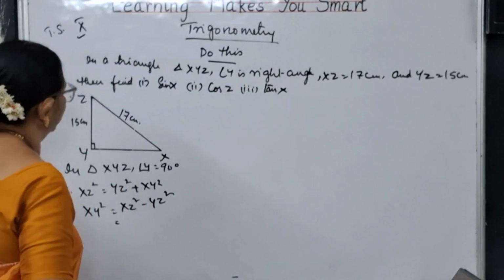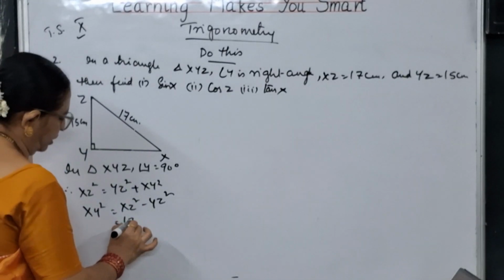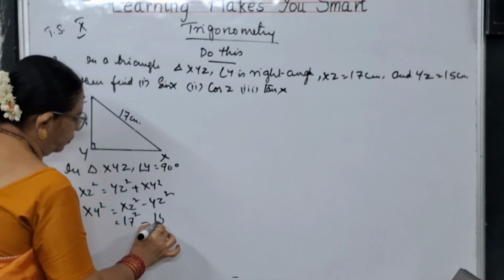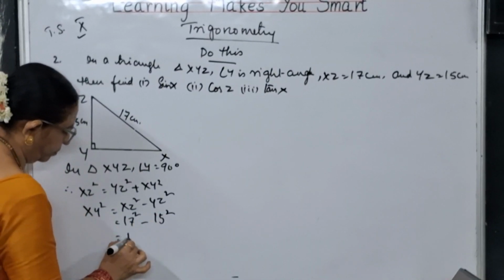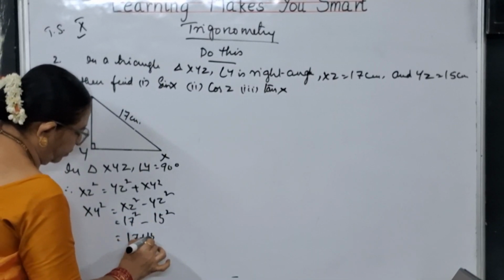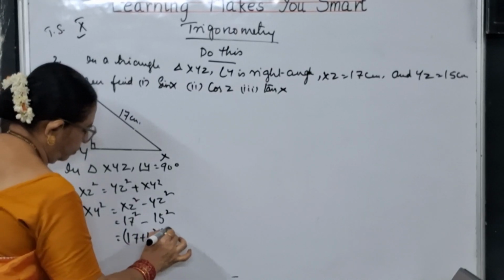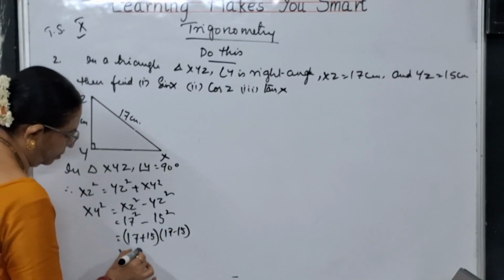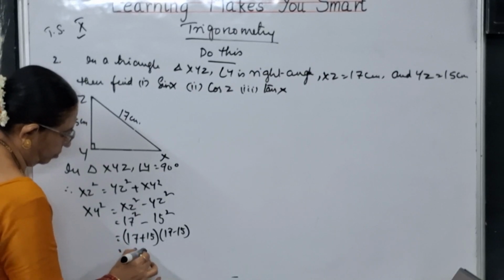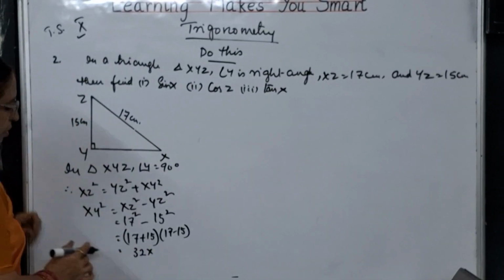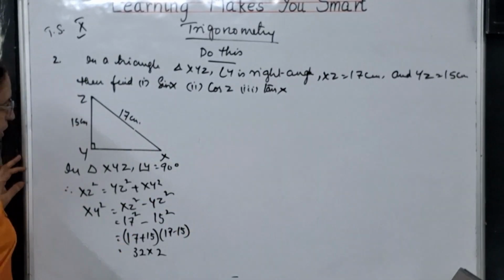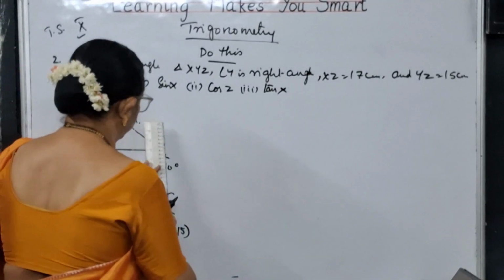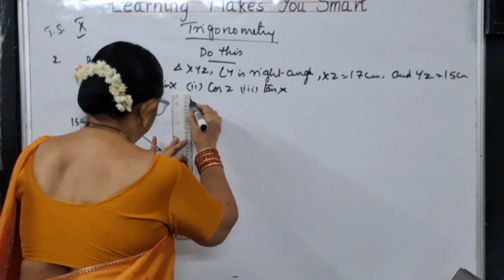So what is XZ you have got? 17 square. Minus what is YZ you have got? 15 square. That means 17 plus 15 into 17 minus 15. So how much is this? 32 into 2. So you have got XY square as 32 into 2. So let us continue it here.